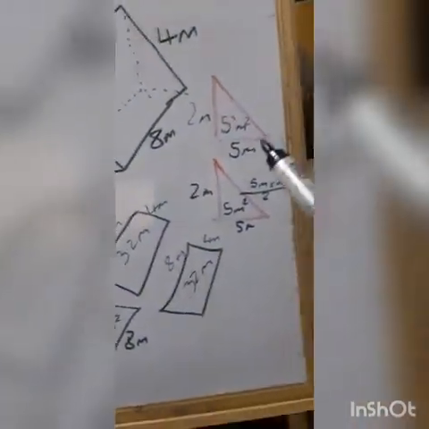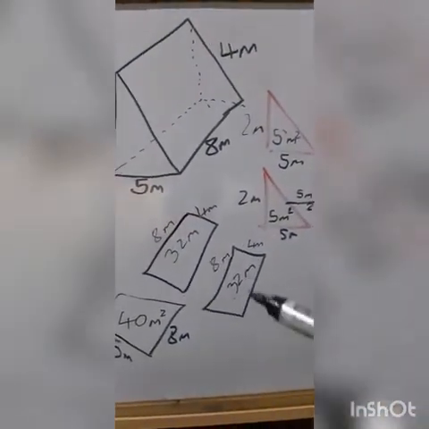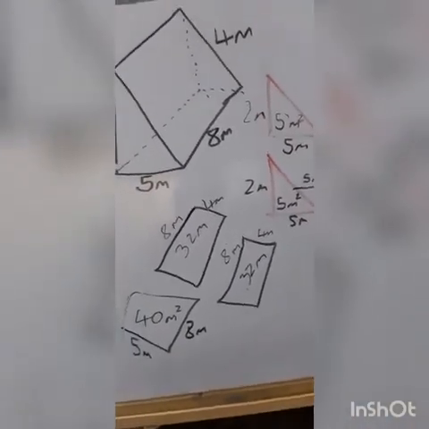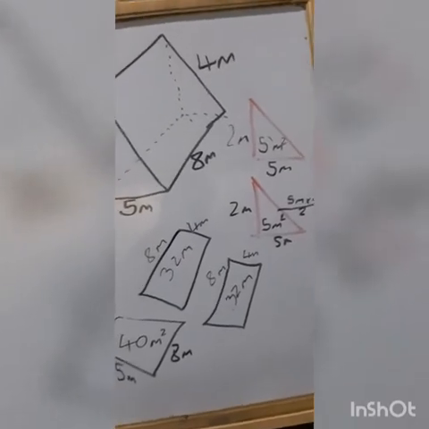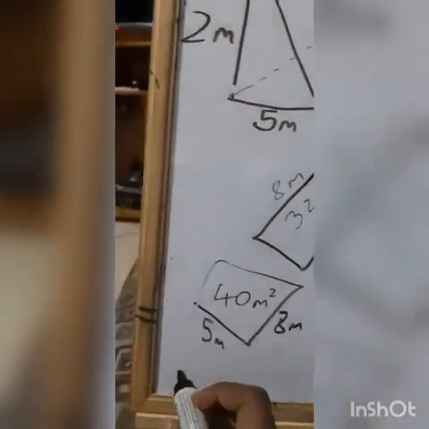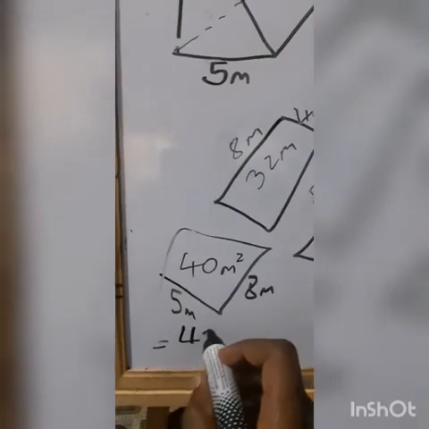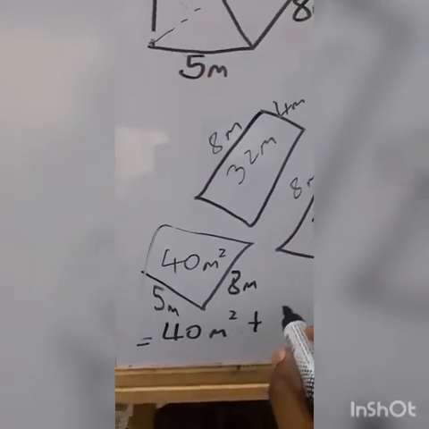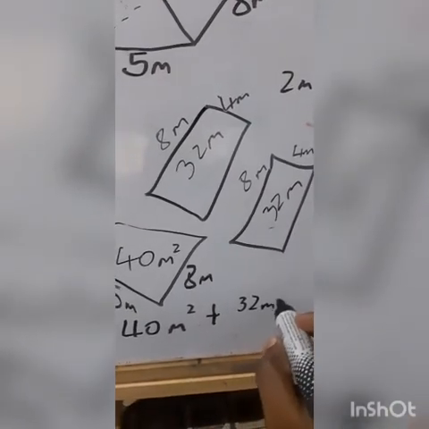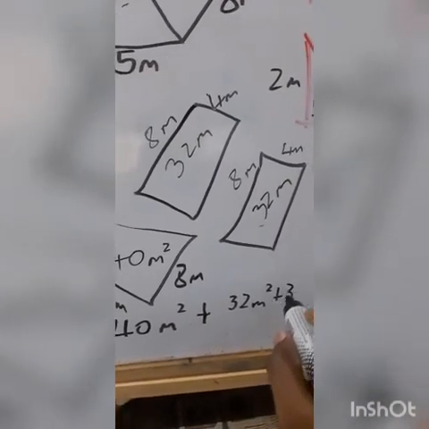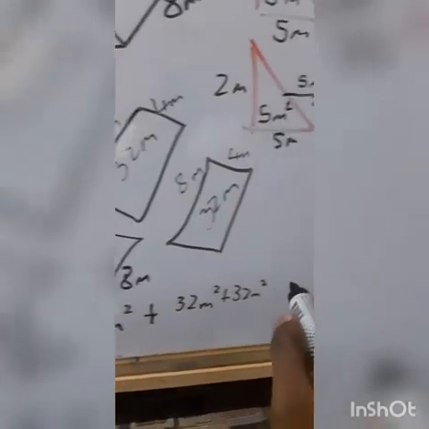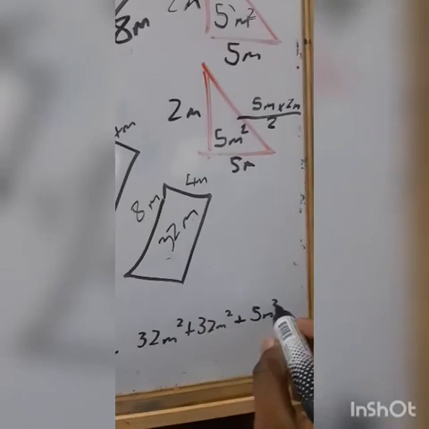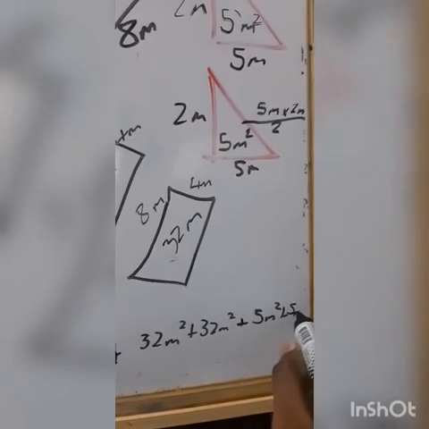Now that we've found the area for all of the shapes that make up the triangular prism, how can we find the total surface area? Right, by adding all of the areas that we found together. So we found 40 meters squared plus 32 meters squared plus 32 meters squared plus 5 meters squared plus 5 meters squared.